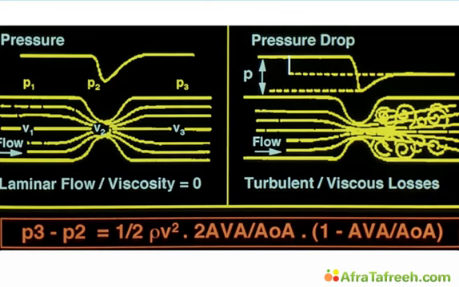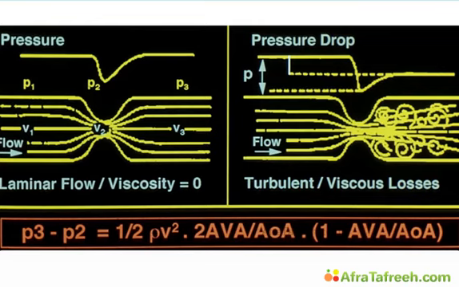Another thing to consider is the phenomenon of pressure recovery. This image shows you the physics underlying this pressure recovery phenomenon. What happens actually is that after the stenosis, you will have a pressure drop due to turbulences over the stenosis and energy loss.